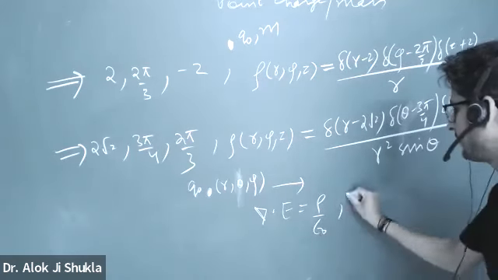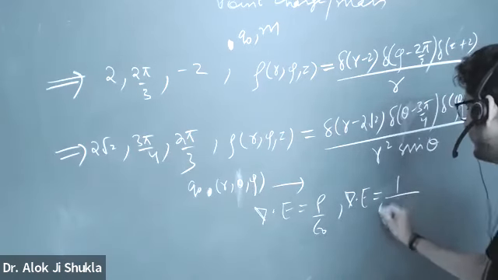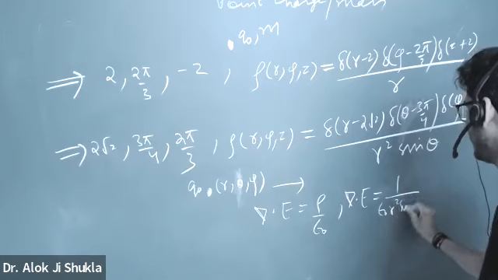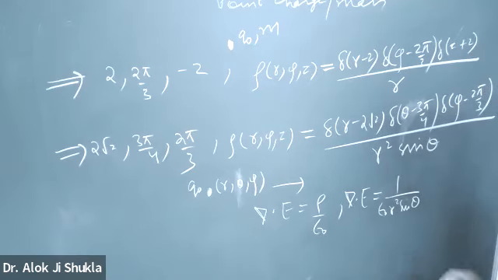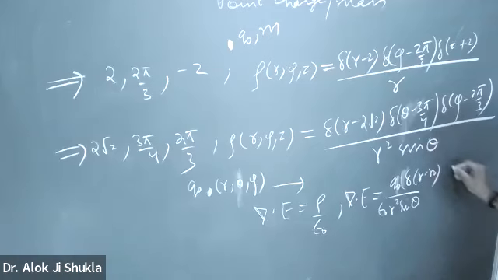So you write it like this, del dot E is equal to, बोलो भाई, 1 upon epsilon naught R square sin theta, Q naught, delta R minus R naught, delta theta minus theta naught and delta phi minus phi naught.